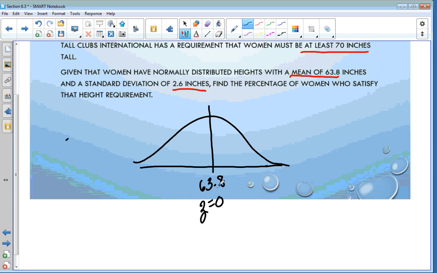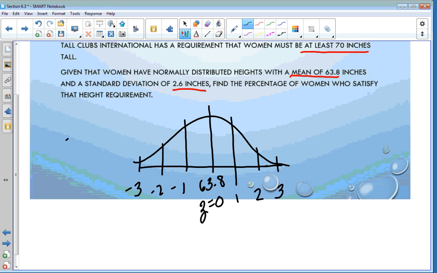The standard deviation is 2.6 inches, so we know from the last section that this is a z of 1, a z of 2, a z of 3, and we can continue on. A z of negative 1, a z of negative 2, and a z of negative 3.